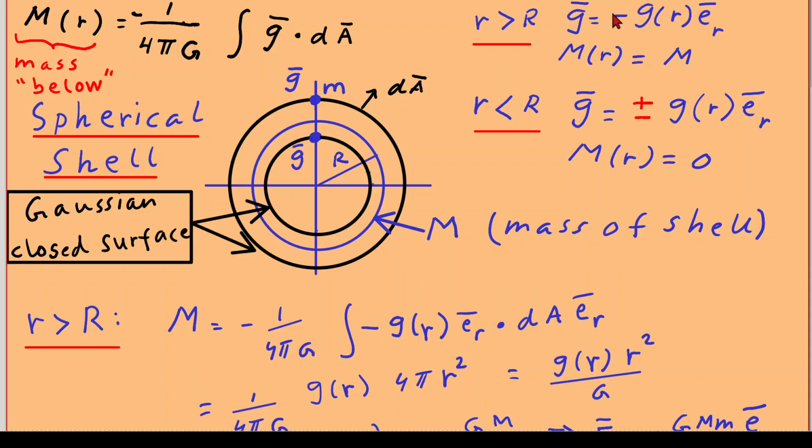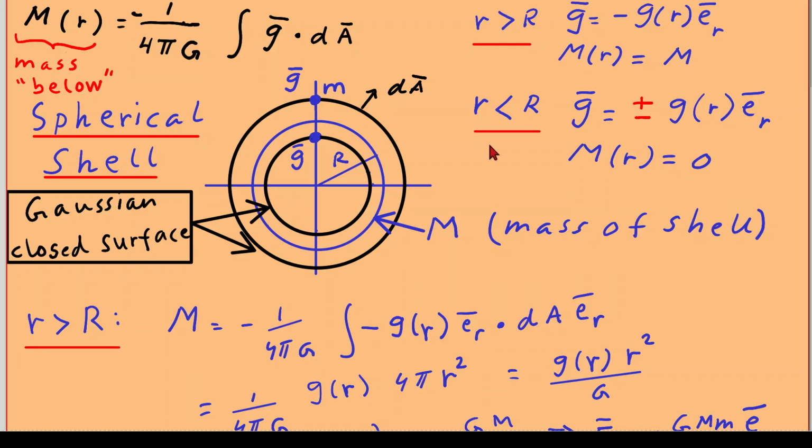The gravitational field is pointing in the negative direction of the radial vector to the point wherever we want to check it. So it will be like this, and the mass inside this Gaussian surface is obviously all the mass of the spherical shell. Isn't that inside? Yes, it is. So this is what I'm writing here.